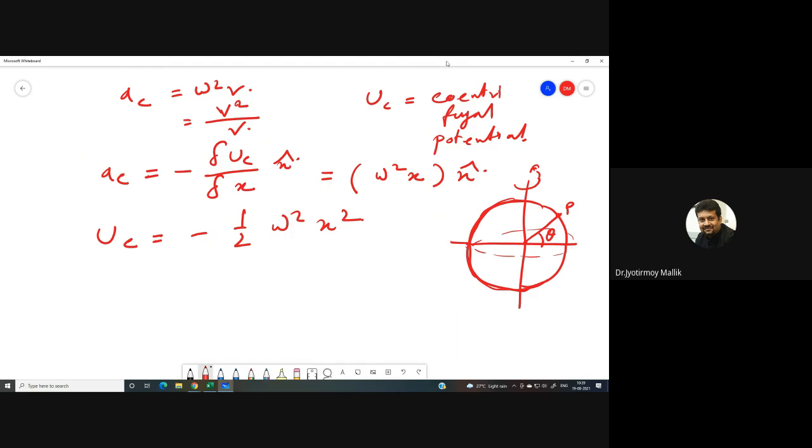So this is essentially my latitude. The common term for latitude is lambda. Let us just say this is lambda.